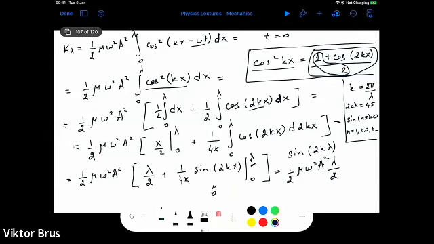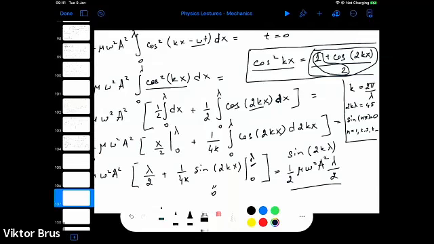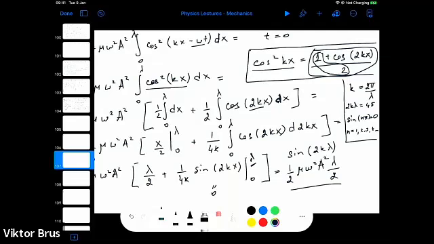So now we can rewrite this part on the new slide, assuming that we have 2 times 2 in the denominator, so it will be 1 over 4.